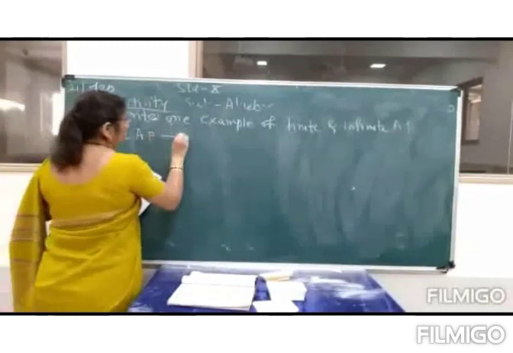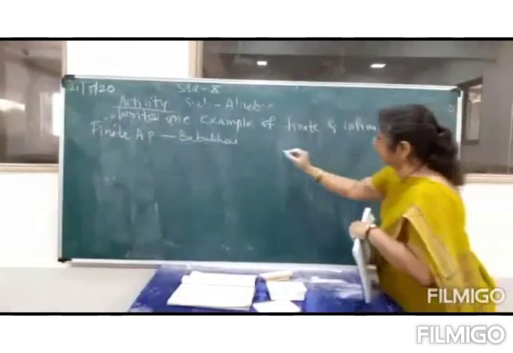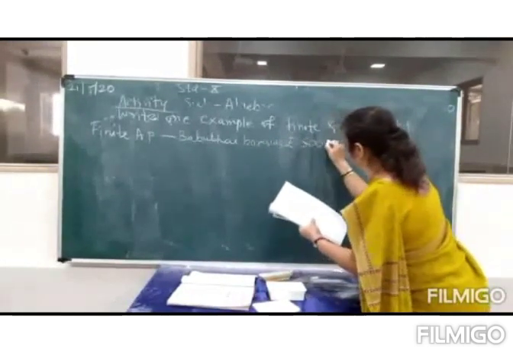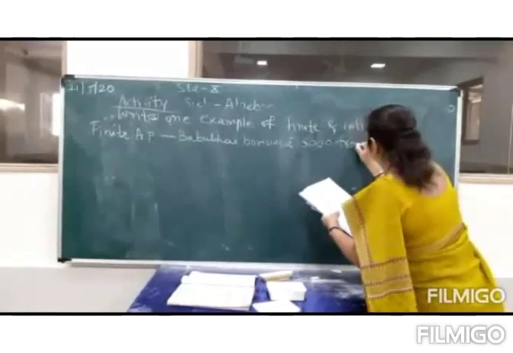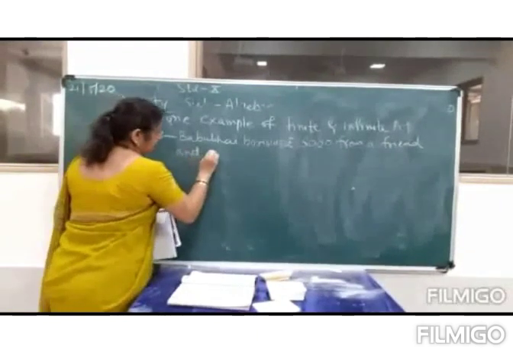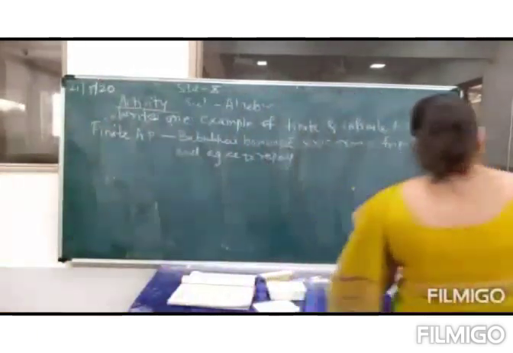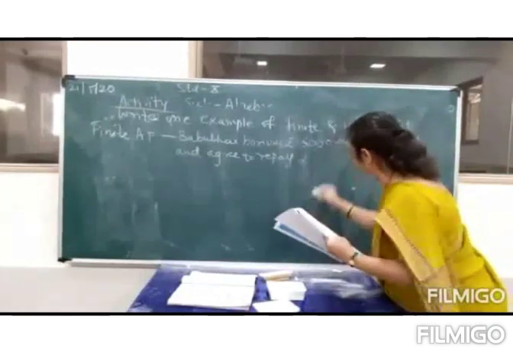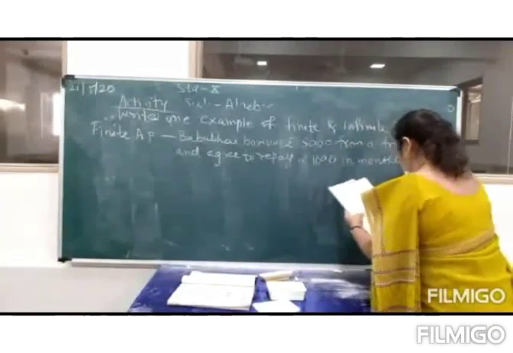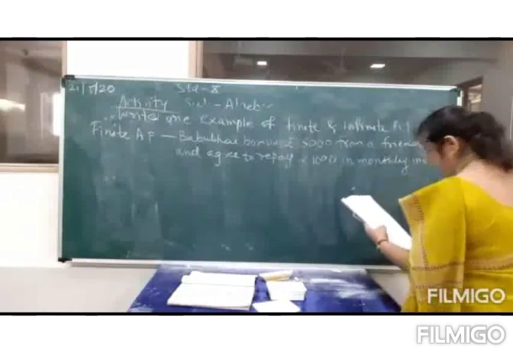Finite AP. Babubhai borrows rupees 5,000 from a friend and agrees to repay rupees 1,000 in monthly installments.